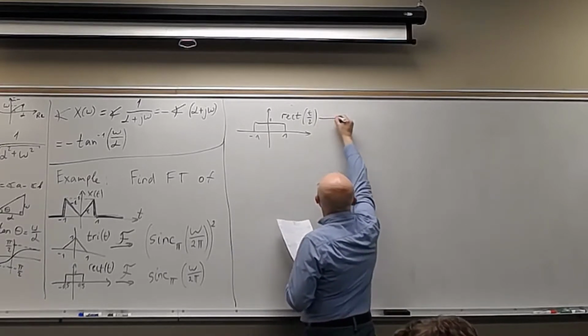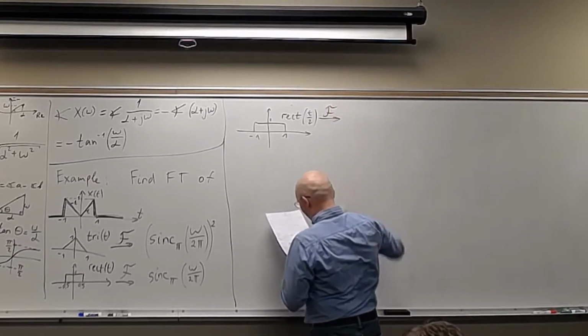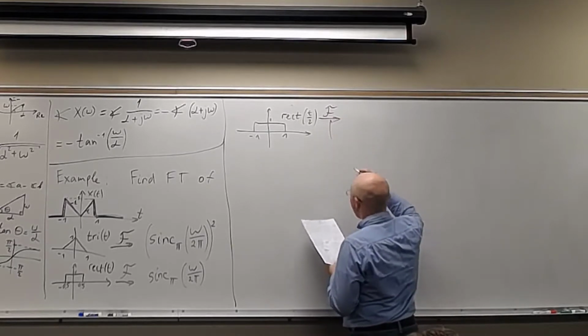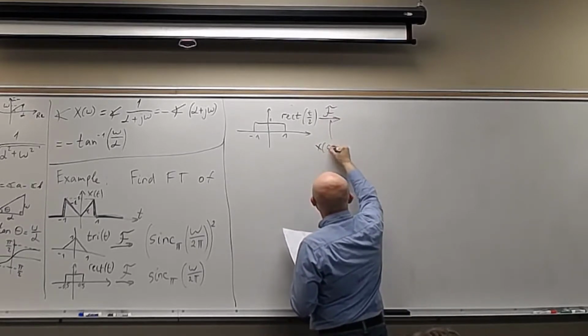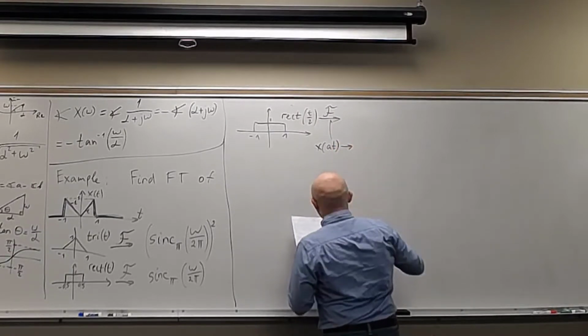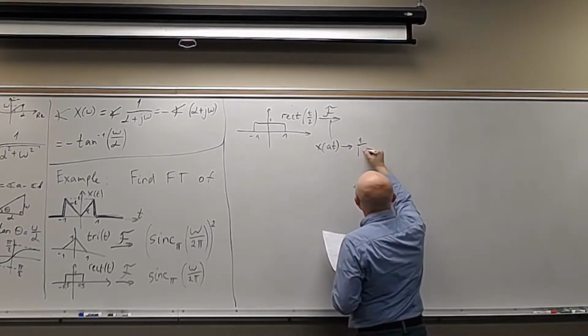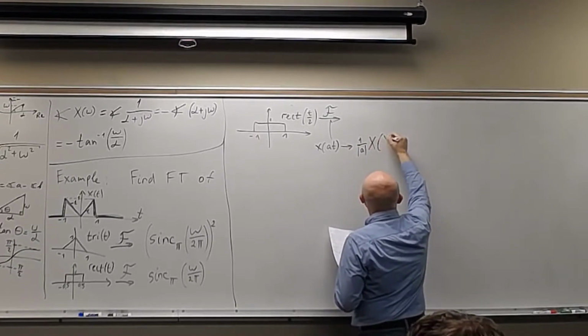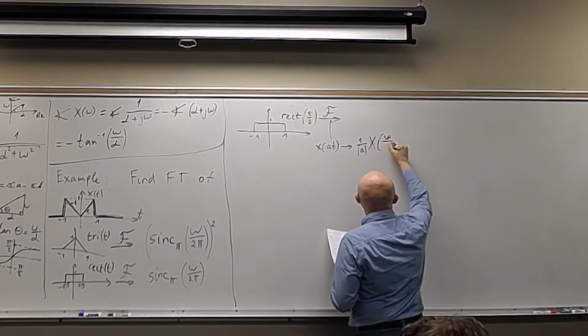Okay, so this thing will have a Fourier transform. And just to remind you, the scaling property says that x of at is transformed to 1 over the absolute value of a, X of omega divided by a.